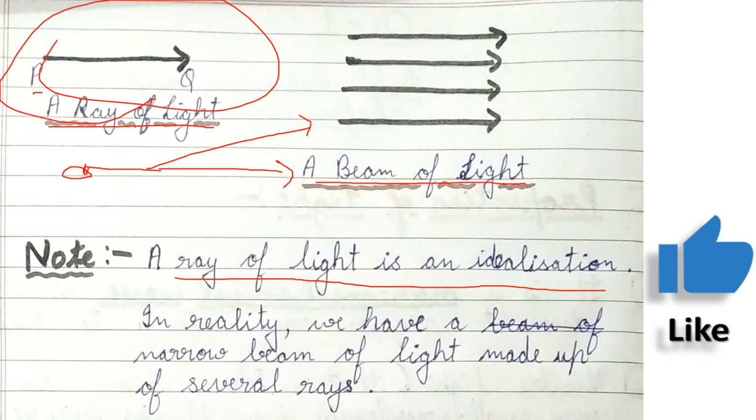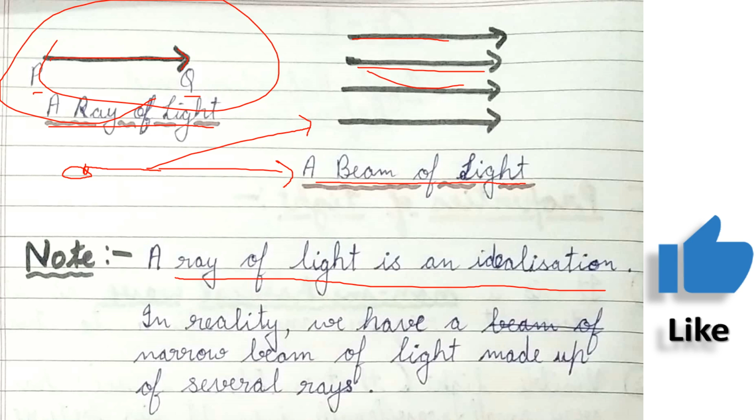This PQ is a ray, and it is the only single ray. That means the photons in it are in a single line, not in a square or rectangular dimension. It is a single one-dimensional line, and this is a beam of light.